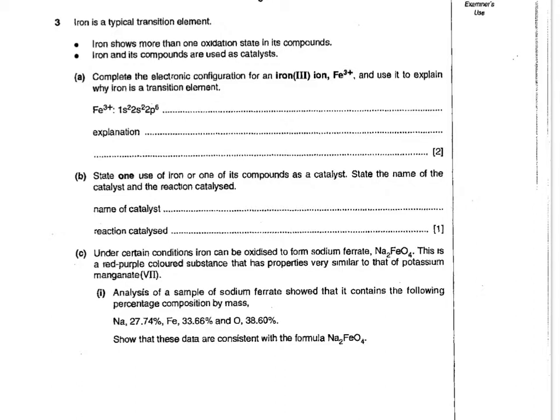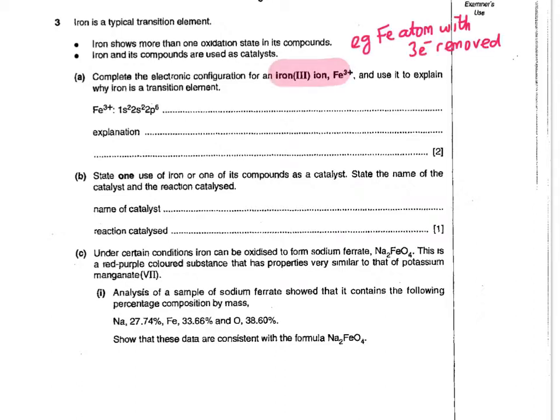It gives you some information about iron, saying that it shows more than one oxidation state in its compounds, and it says that its compounds are used as catalysts. So it gives you some information about the behaviour of iron that shows it's a transition metal. So the first thing it wants you to do is the electronic configuration for an iron 3 ion.